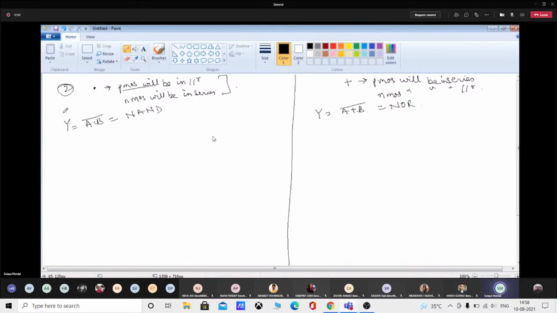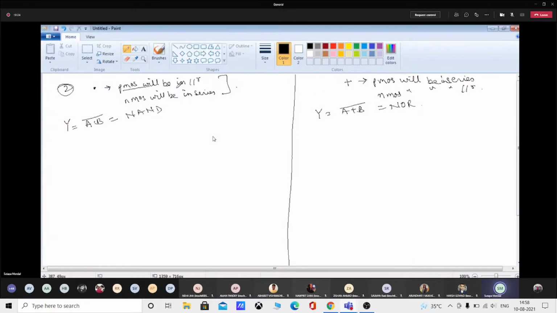So how we will say it is in parallel? Because we are taking two variables. If we use only one, it doesn't matter whether it is parallel or series. Like an inverter is having only one input, so there is no matter of parallel or series combination.